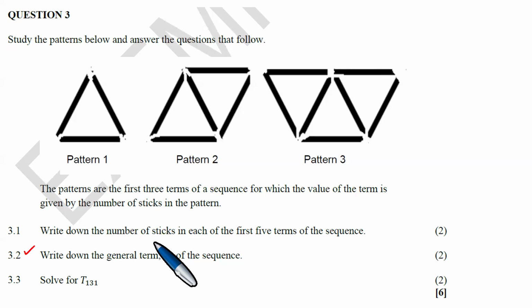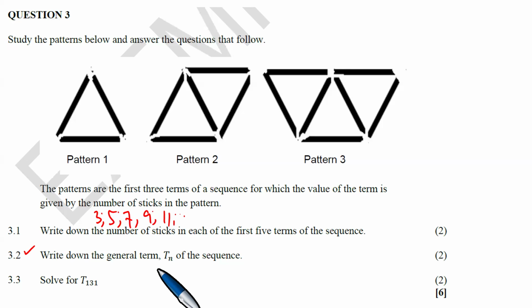Yeah. You see, 3.2 says write down the general term of the sequence. Okay, we've seen that it is 3, 5, 7, 9, 11. Then write down the general term, Tn, of this sequence. So yeah, let's write down the general term of the sequence.